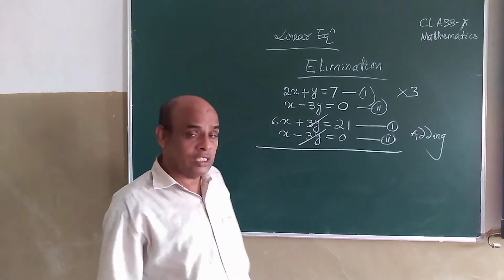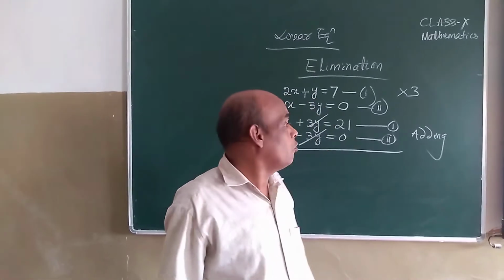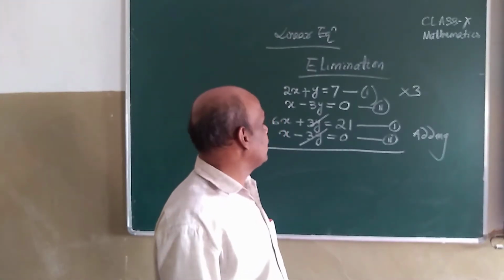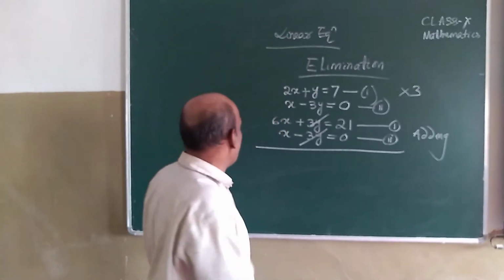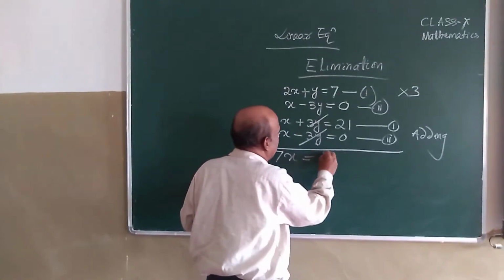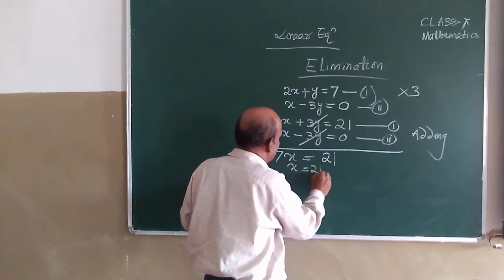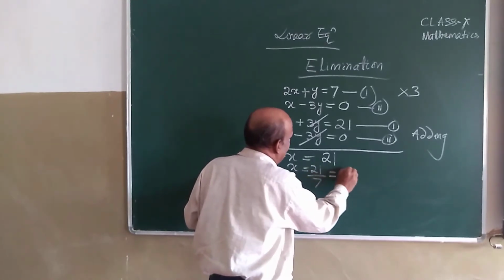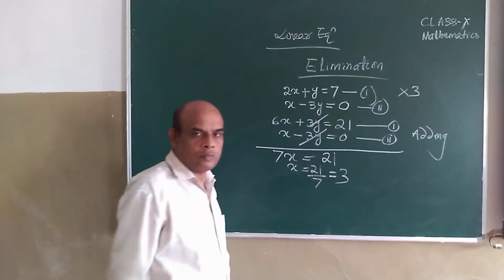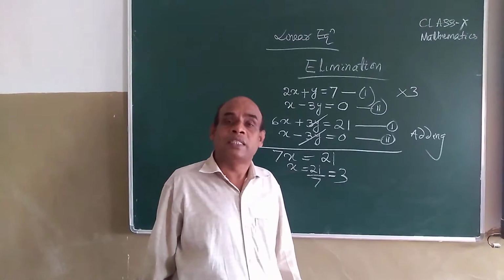By adding equations 1 and 2, plus 3y and minus 3y cancel. So you get 7x is equal to 21 plus 0, that is 21. So x is 21 by 7, which is equal to 3.